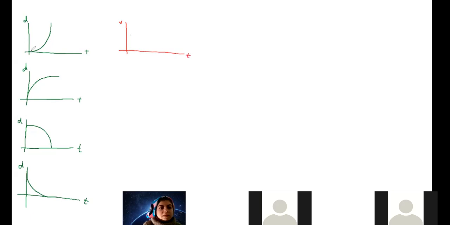As you see, the instantaneous rate of change is the slope of the line here. The slope of a displacement-time graph represents the velocity.